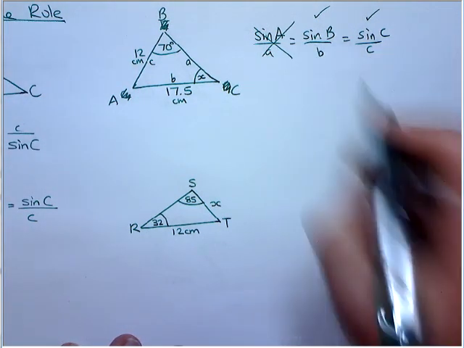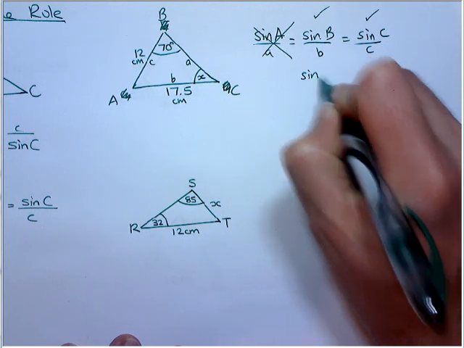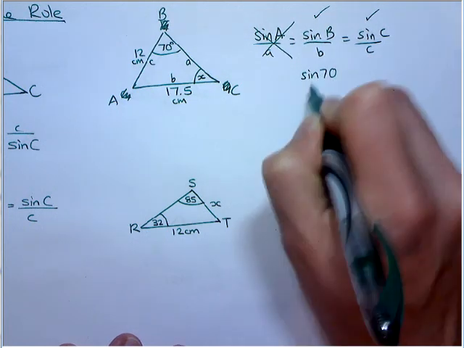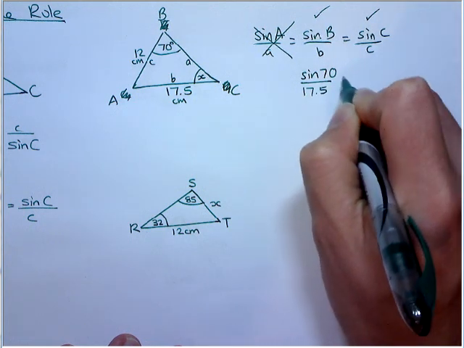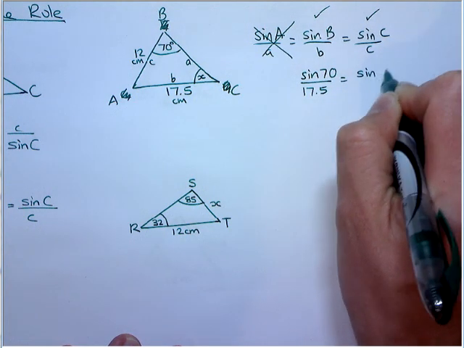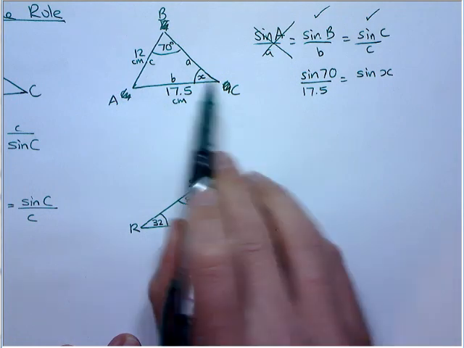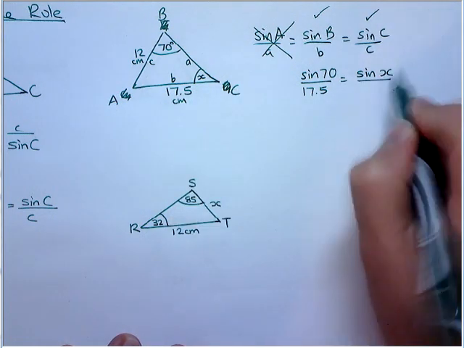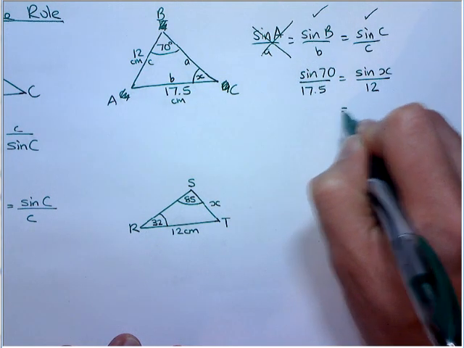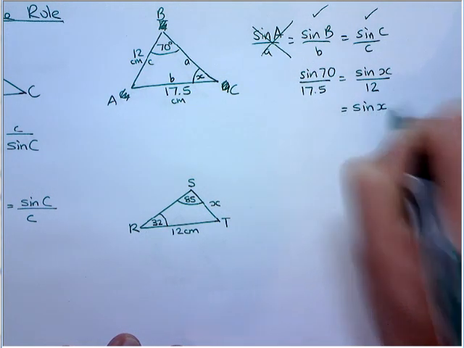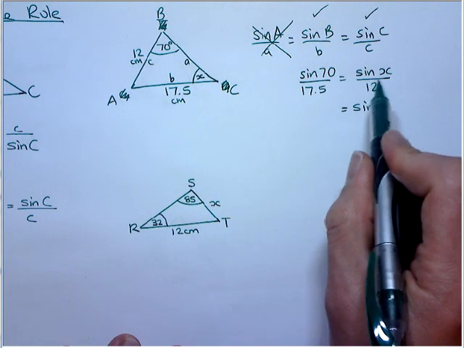And now we just put the numbers in. Sine of angle B is sine 70, over the side b, 17.5. Sine of C is sine of X, that's what we're trying to find, angle C, divided by the opposite side, which is 12.